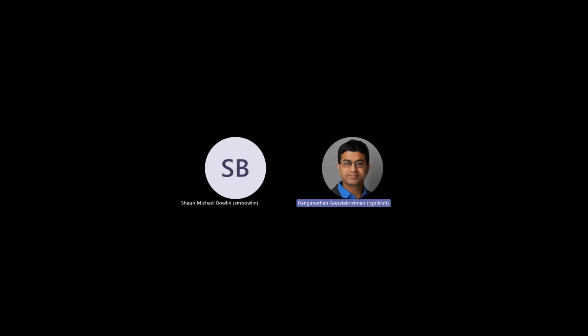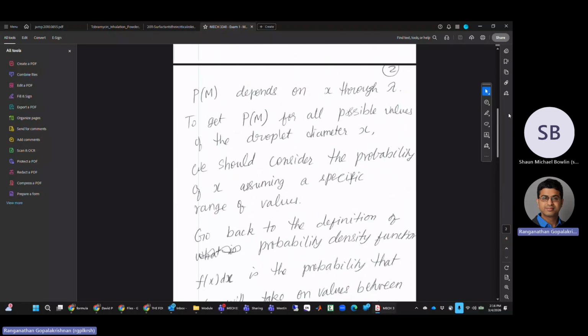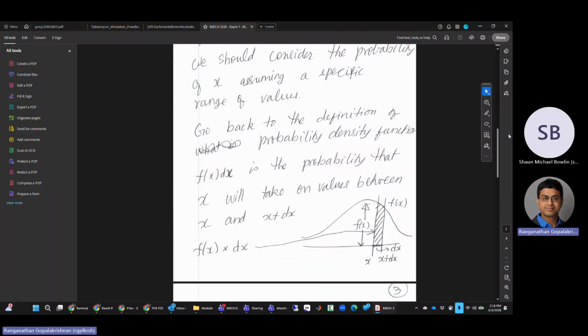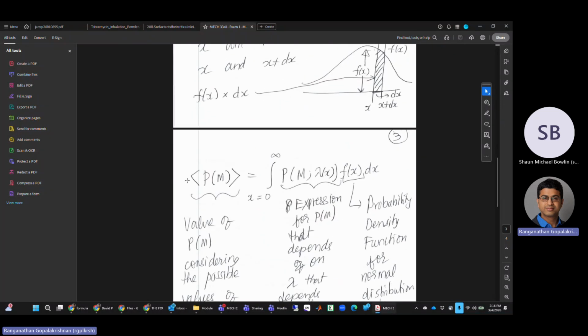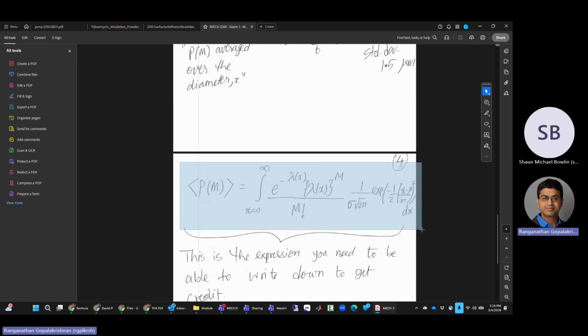So let me share my screen here. If I just gave you the problem statement and asked you to set up the integral that should be solved to get the probability that there will be m particles in a droplet, I would expect you to come up to here and say this is the integral that needs to be solved, and you can do this through MATLAB or Python, or write your own code or use some numerical technique.